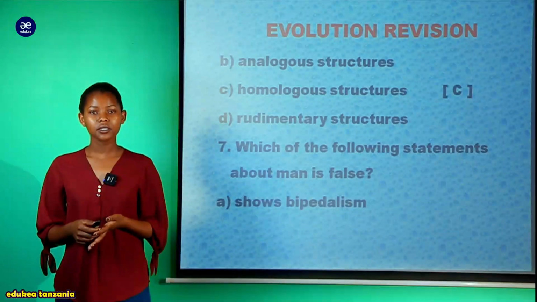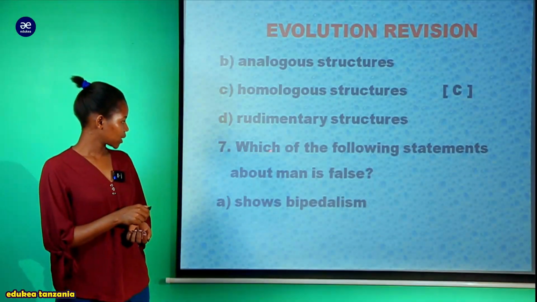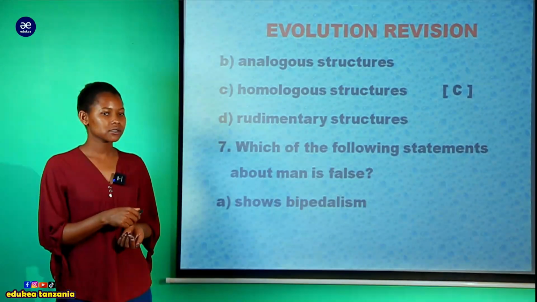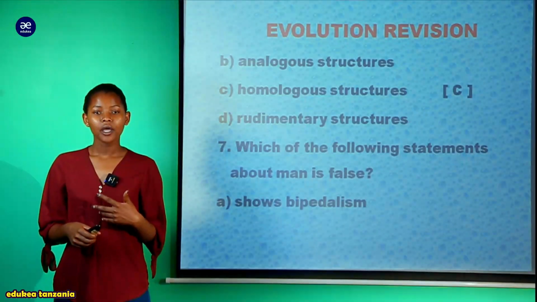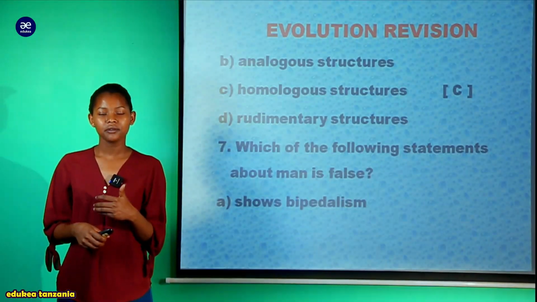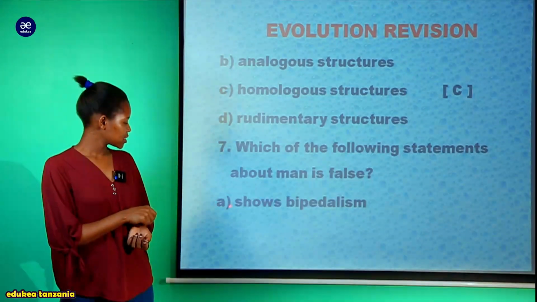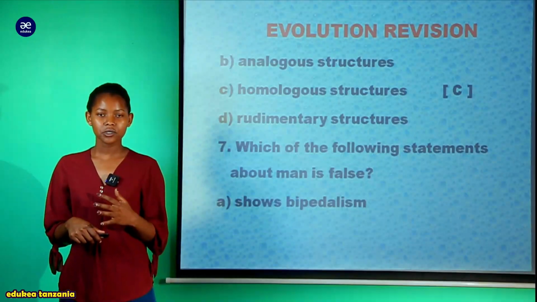And now we are going to take a look at question number 7. You can see, which of the following statements about man is false? Which statement are we going to look at that is about man? It is a false statement. As you can see, the first one says man shows bipedalism.